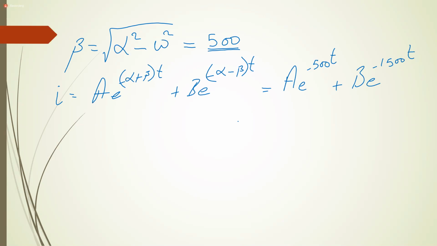All right. So remember, as I just said, we need to now look at the boundary conditions to determine the values of A and B. At the circuit operation, we know that at t equals 0, what is the circuit current equal to, and why?